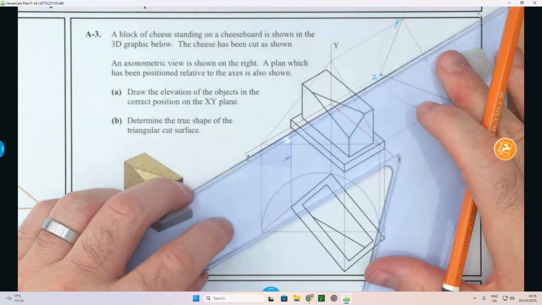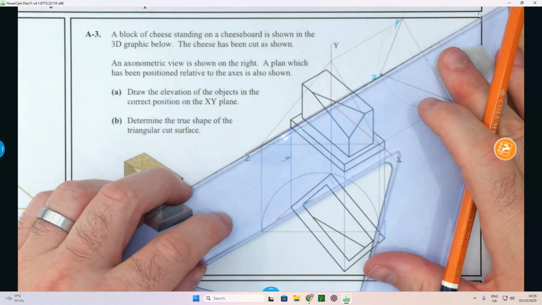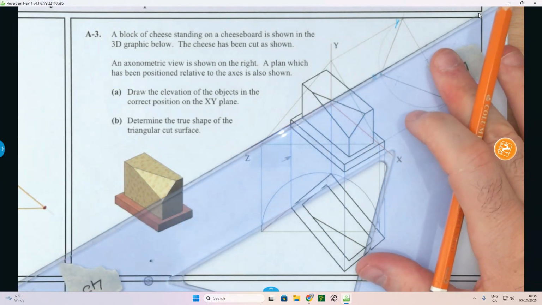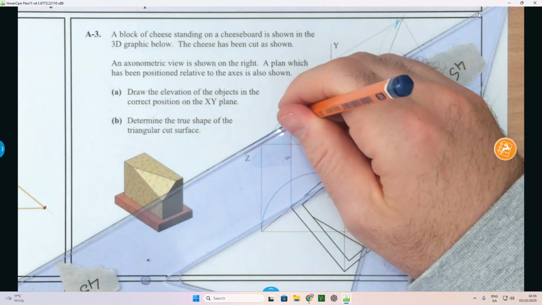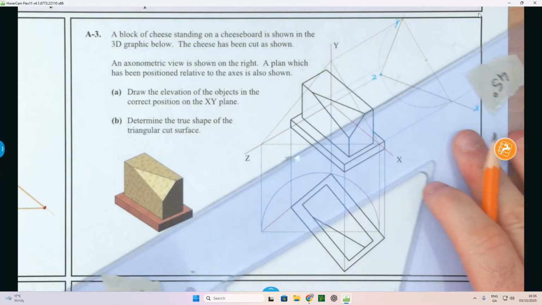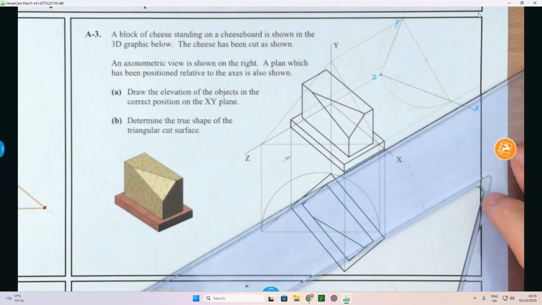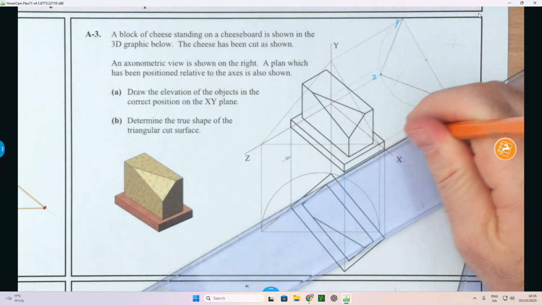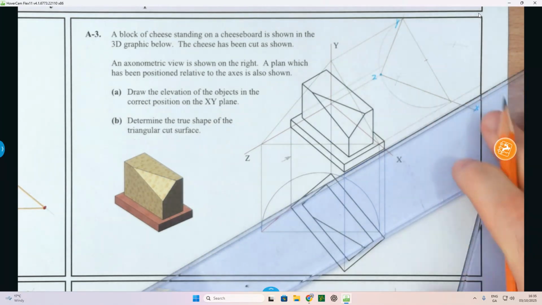So any points on the object, I now need to project them upwards. So everything's going to project parallel to the z-axis. This line here is going to be right on the outside. It goes up as far as there. I'm going to project this out. So the baseline, that's on the ground. So it only goes as far as the x-axis there.